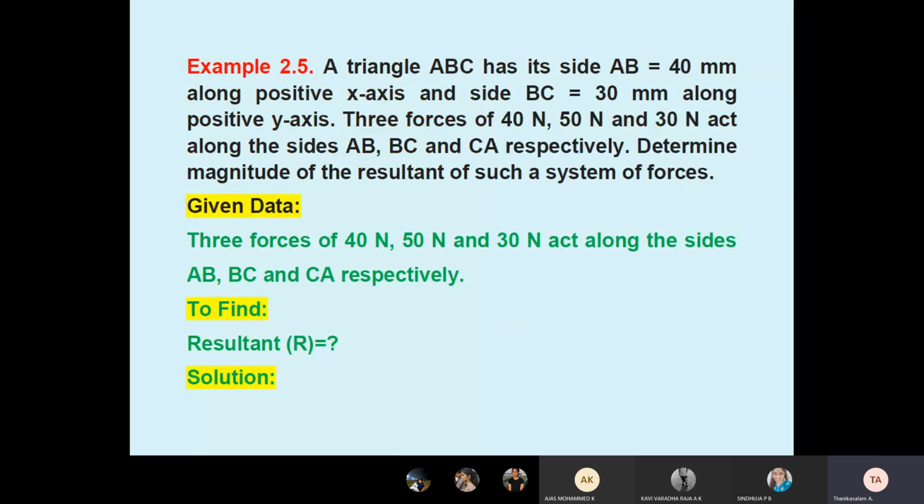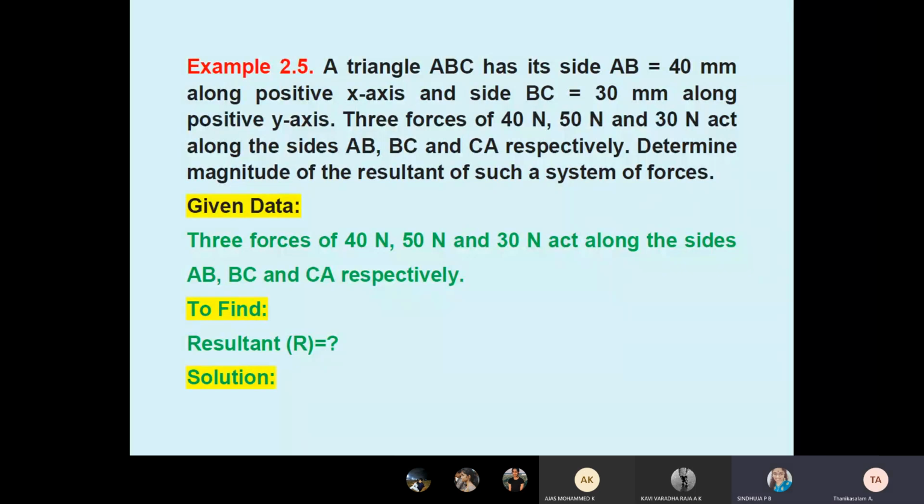Ajaz, can you read this problem now? Sindhuja, can you read? Okay, sir.